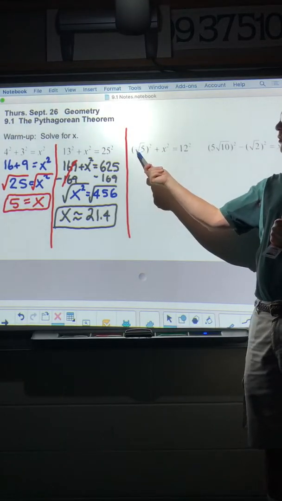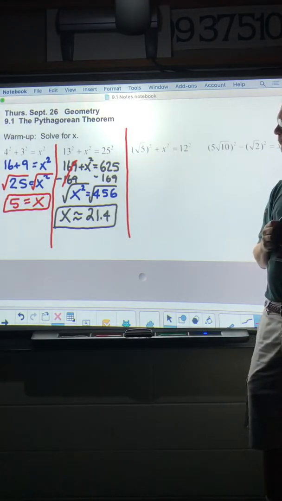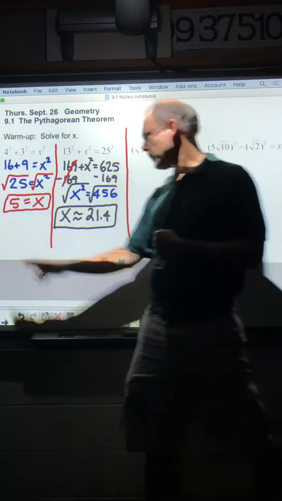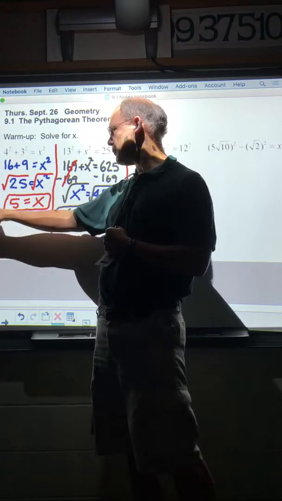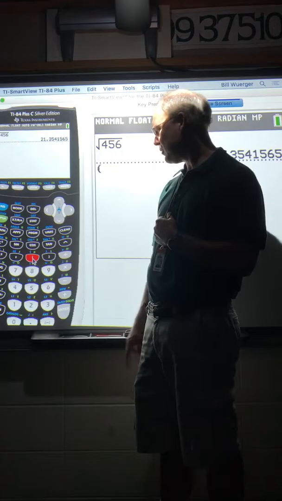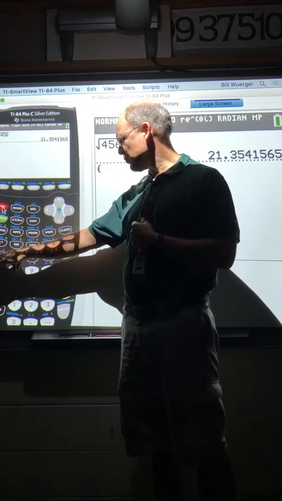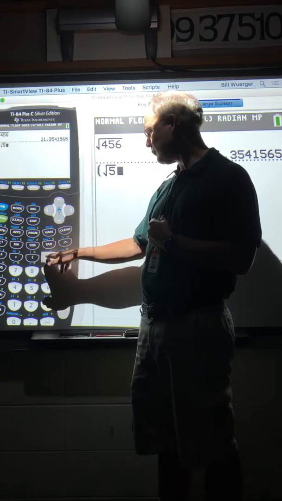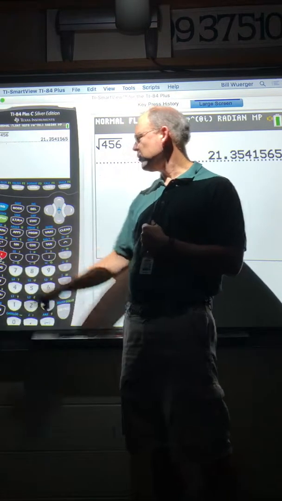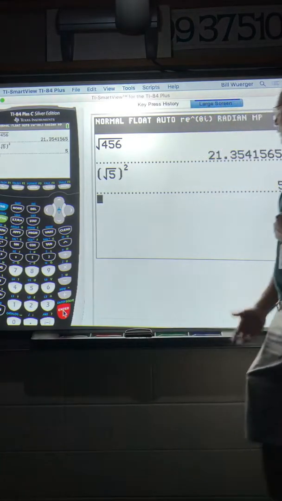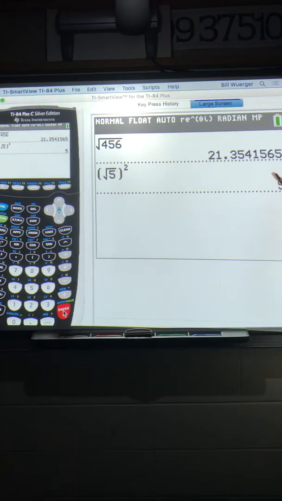So this is the square root of 5 squared. So I'd like you to be able to do that without a calculator. But just to show you what it is with a calculator, the square root of 5 squared. Square root of 5 squared is 5.